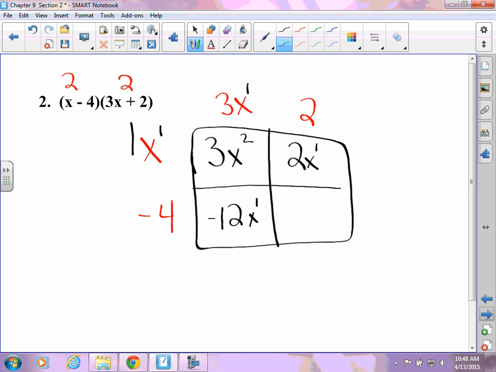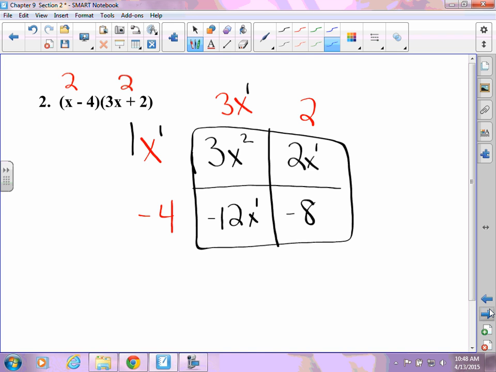All right, now, you'll notice here that are there any x squares other than the 3x squared? No, that's the only one. But do you see how I have a negative 12x to the first and a 2x to the second? Do you see that? They're like terms. And so what we're going to do is we're going to add those. Negative 12 plus 2 is negative 10.